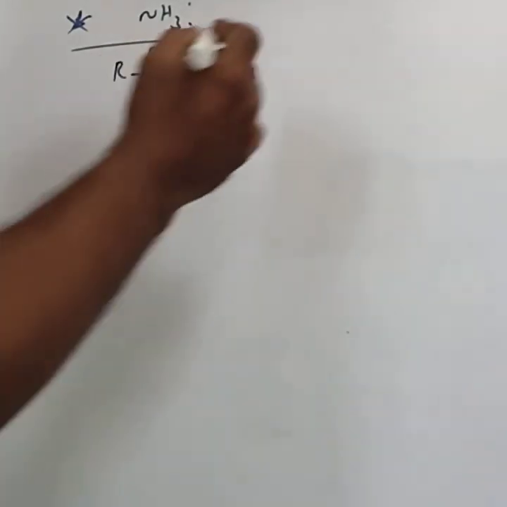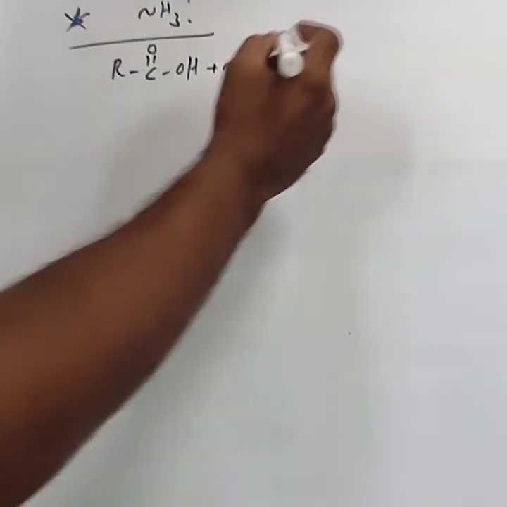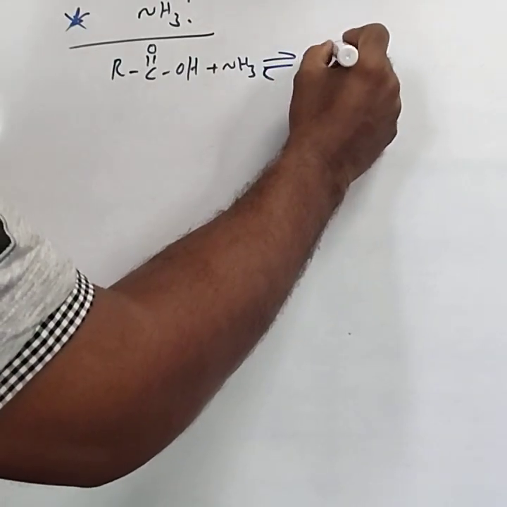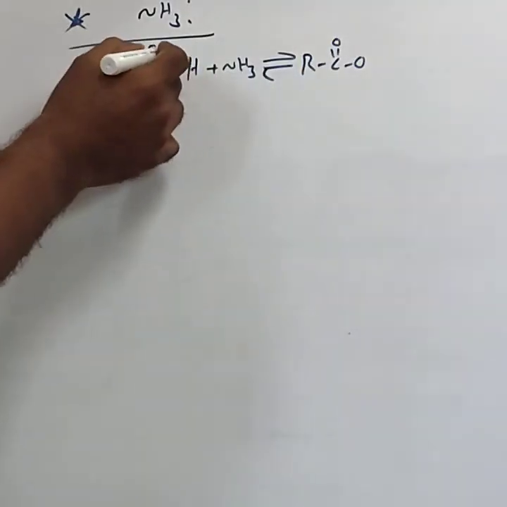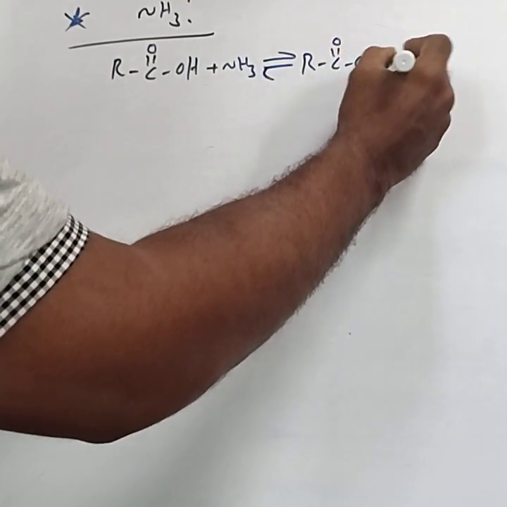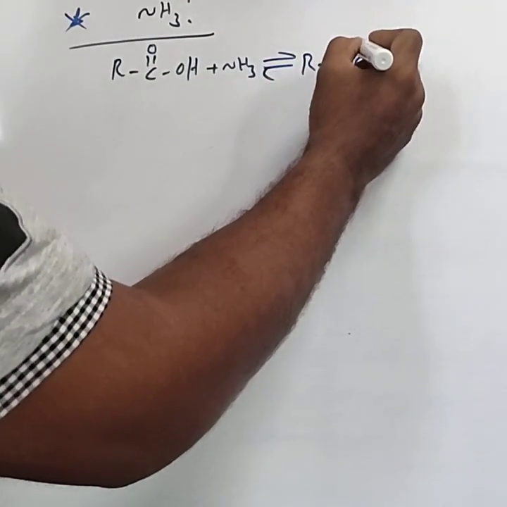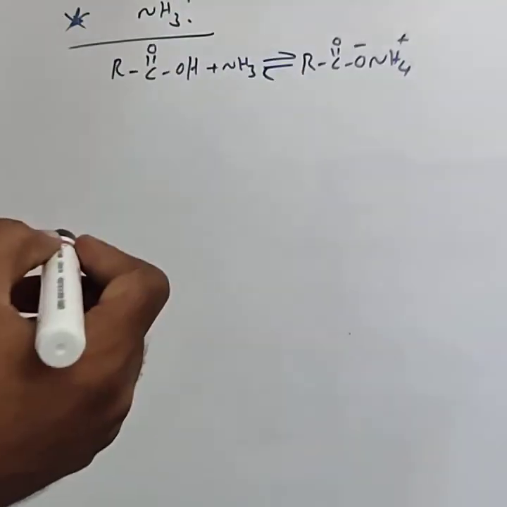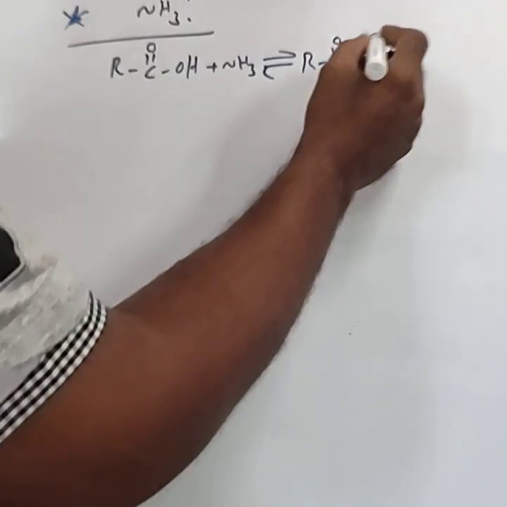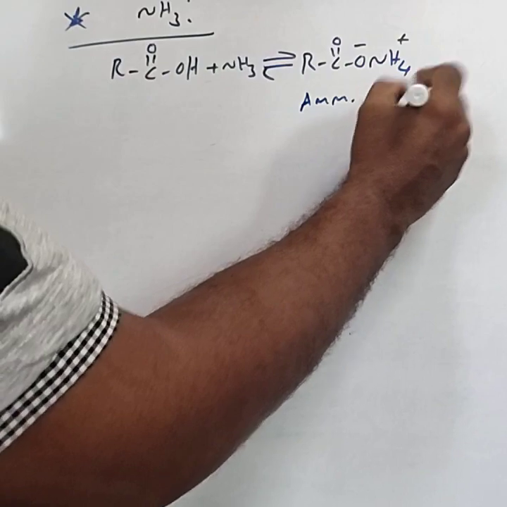The ammonia formula is NH3. Consider the reversible direction that forms RCOO. NH3 combines with this hydrogen and forms NH4, that is RCOO minus NH4 plus. This is called the ammonium salt of carboxylic acid.